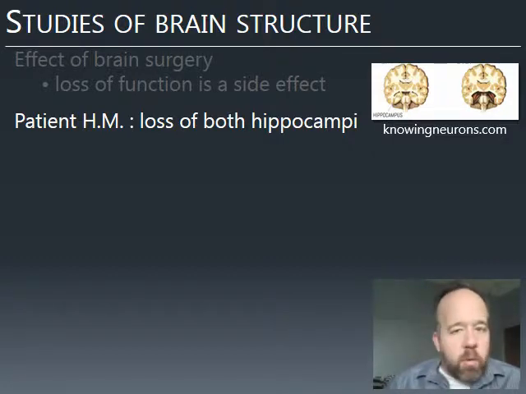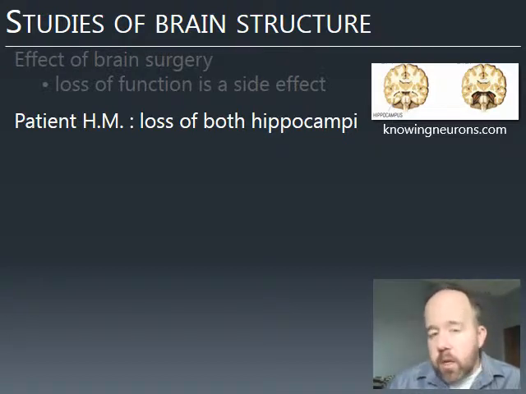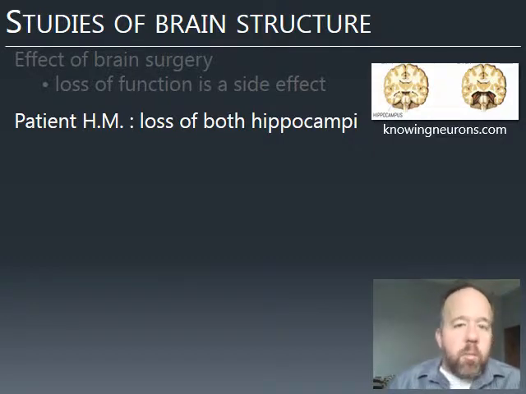But he couldn't remember people that he'd met since the surgery, couldn't remember anything that happened to him since the surgery, and so this was a very devastating set of side effects. His seizures largely went away, but his memory did too, his ability to form new memories at least. And so he, again, is one of the most famous patients in all of psychology that we learned a great deal from because of brain surgery.